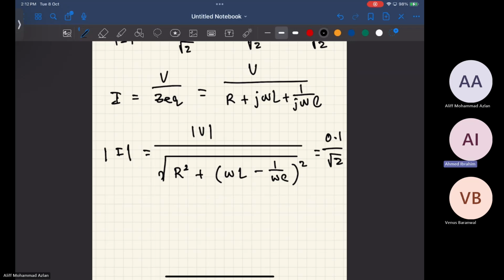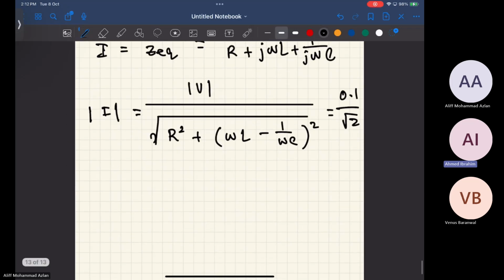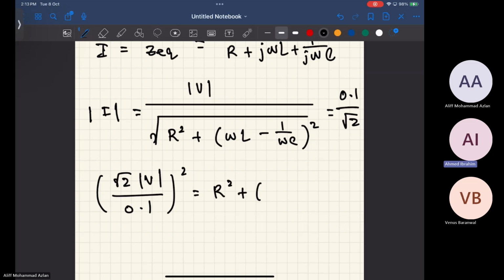You can already tell this is going to involve quite a bit of algebra. So I'm just going to cross multiply. So here we'll have root 2 times the magnitude of V divided by 0.1. And then I'm going to square this as well, same time. So that squared is equal to R squared plus omega L minus 1 over omega C squared.